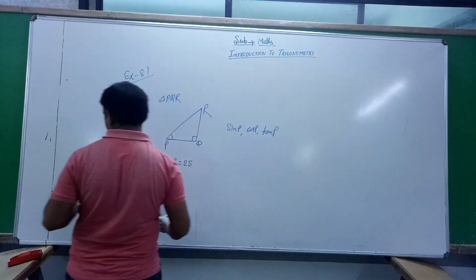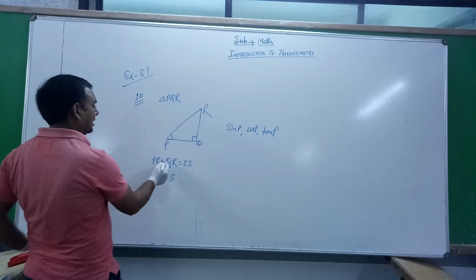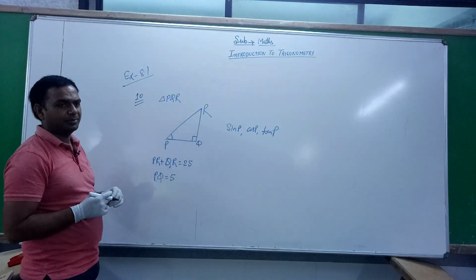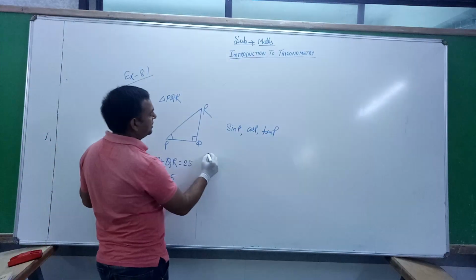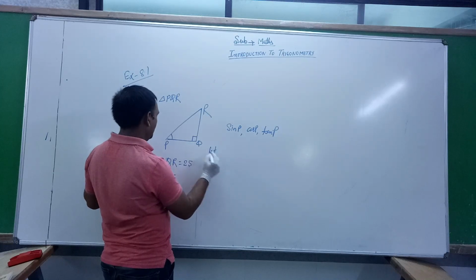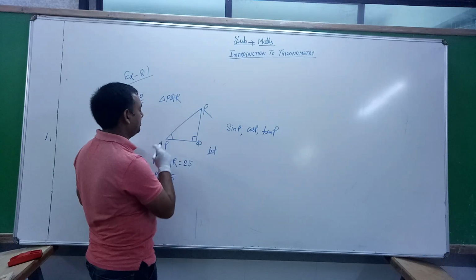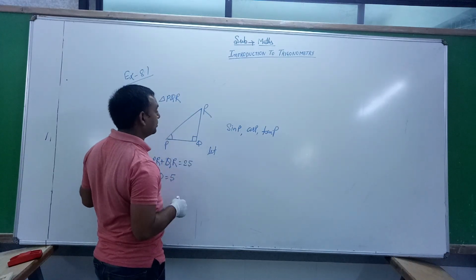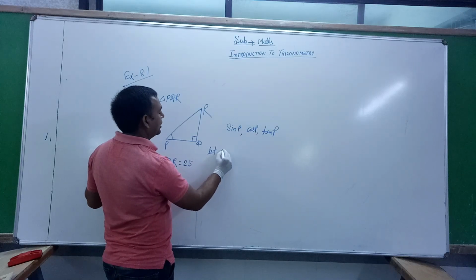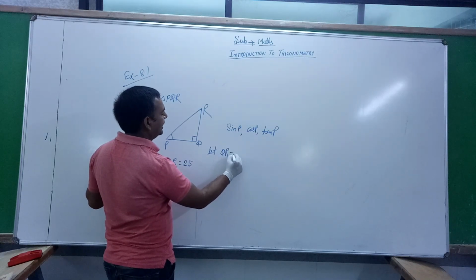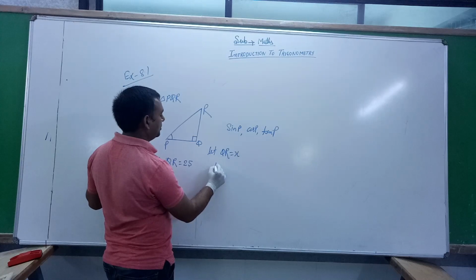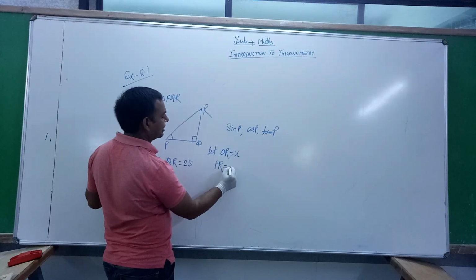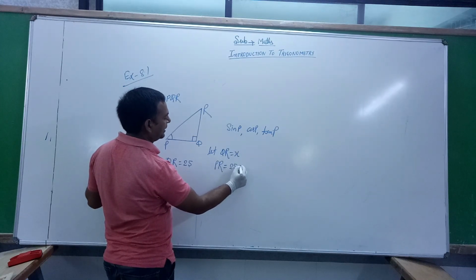Right? First here you see that PR plus QR is 25. Let QR be equal to x. So PR is equal to 25 minus x.